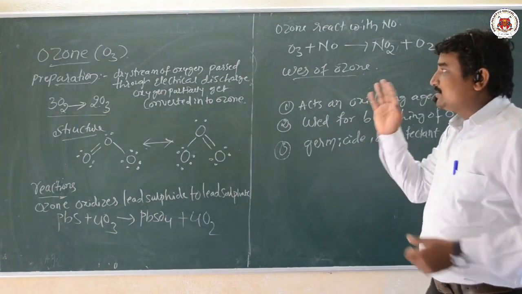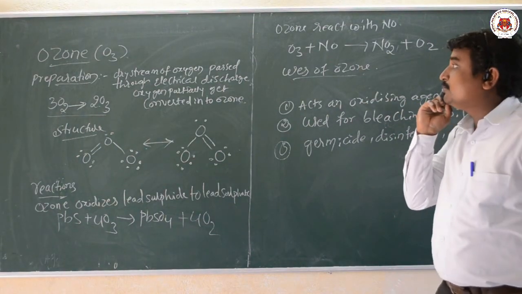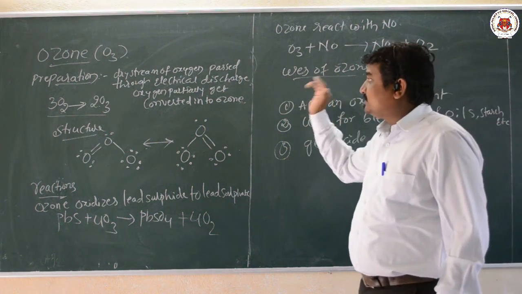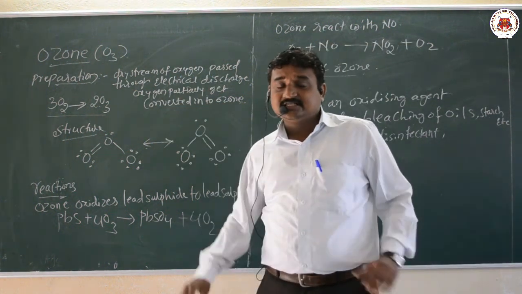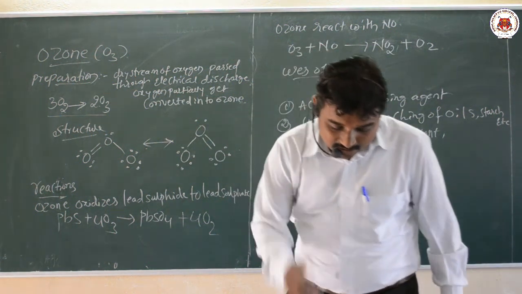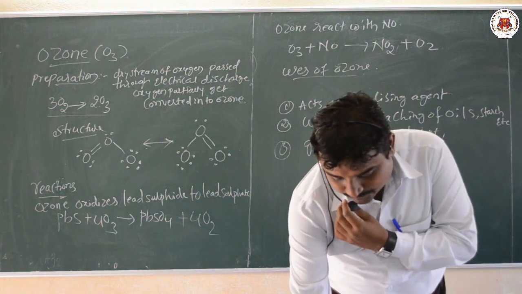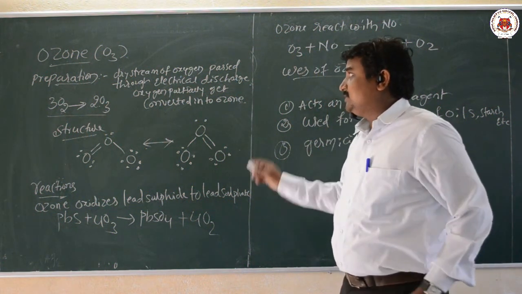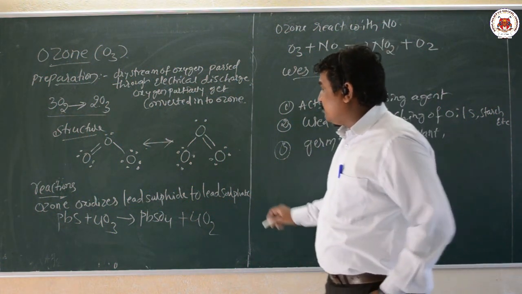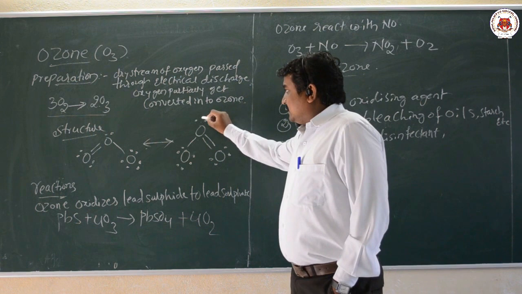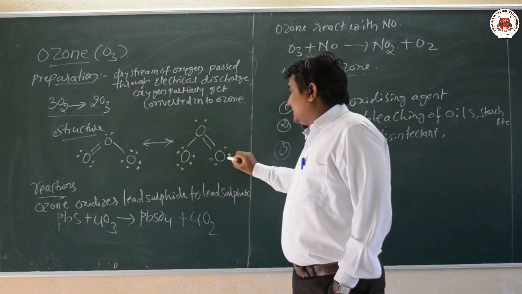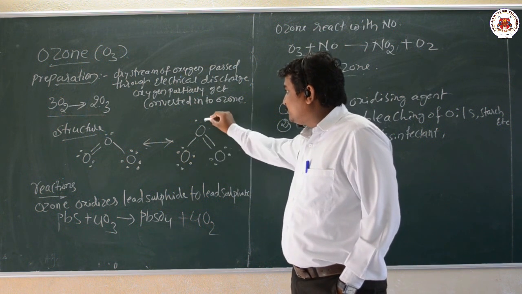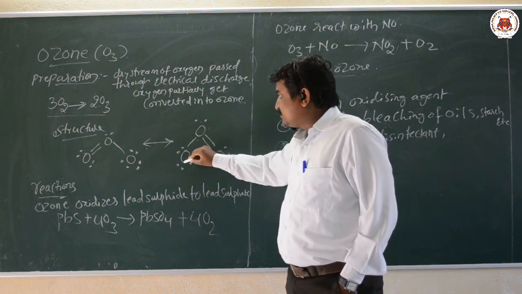The next concept is ozone. The formula of ozone is O3. For preparation, when a dry stream of oxygen is passed through an electrical discharge, the oxygen is partially converted into ozone. Here is the resonance structure of ozone. In both cases, each oxygen attains its octet: 2, 4, 6, 8.